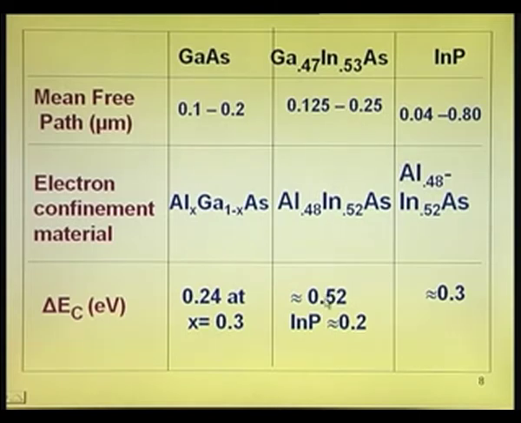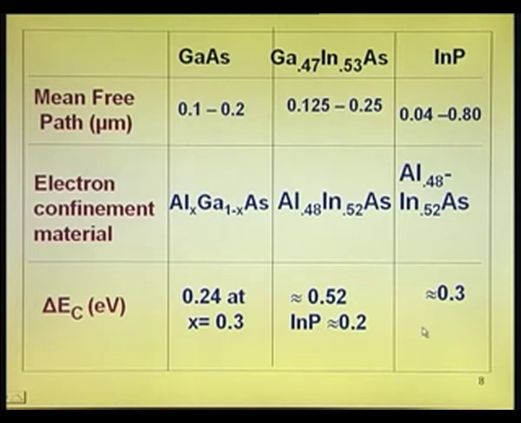I can make a structure for indium phosphide and gallium indium arsenide, it is 0.2, just for information. These two numbers put here are the delta EC between aluminum indium arsenide and gallium indium arsenide, and this is the delta EC between indium phosphide and gallium indium arsenide. And if you use aluminum indium arsenide as the confinement layer, the top layer, and indium phosphide as the undoped layer, then you will get 0.3.